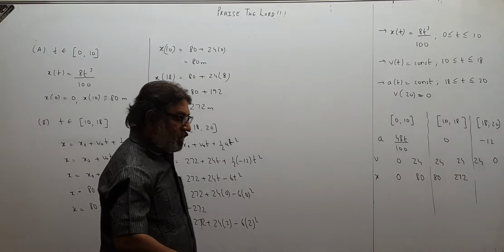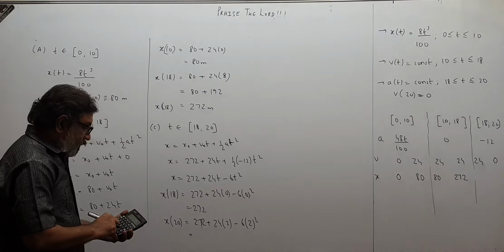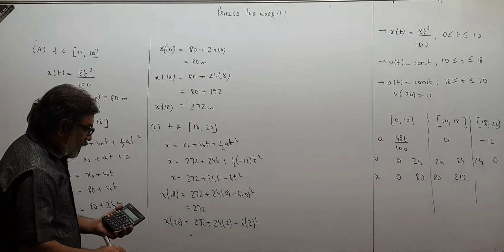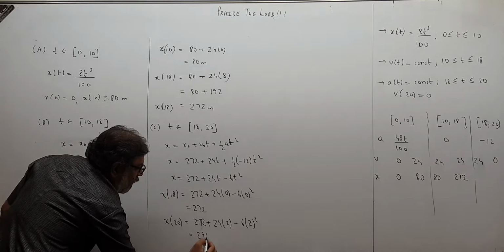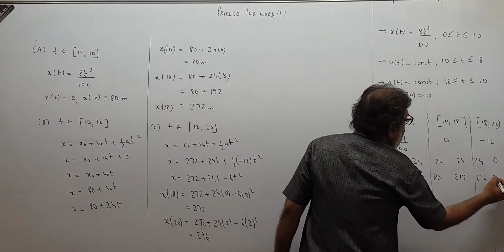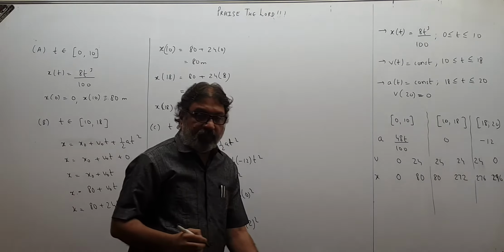So this will come out to be 272 plus 48 minus 24, 296 meter. So here it is 272 and here it is 296. Then we get the positions.